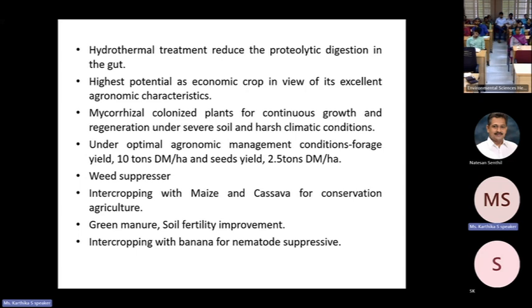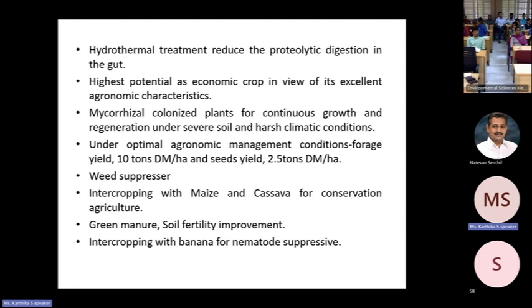Then it will solubilize and produce the phosphate solubilizing enzyme phytase and all of that, supporting plant growth, because the root exudates attract this mycorrhizal colony, and then together they facilitate nutrient cycling and nutrient availability in the soil solution. In such a way they are working very fine together. So wonderful crop. It's thriving under severe soil and harsh climatic conditions.